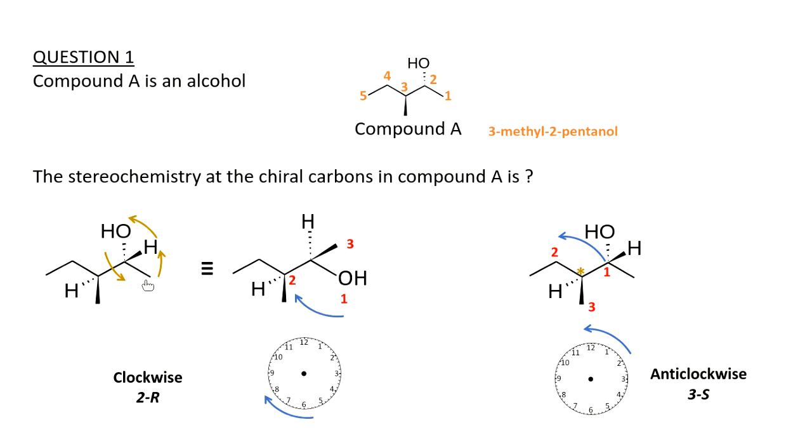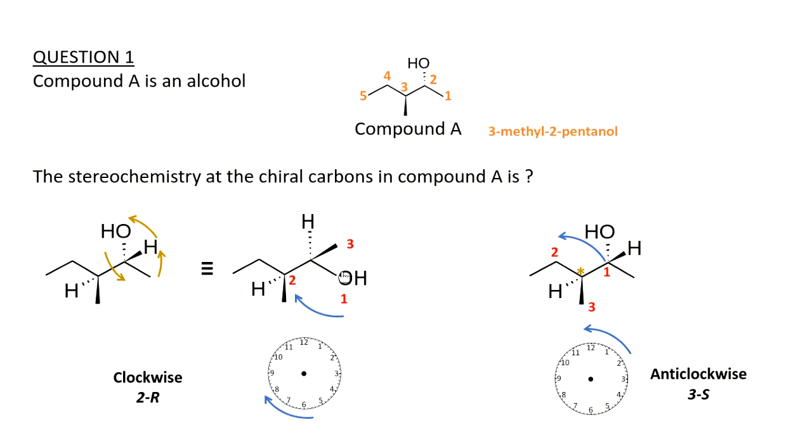In doing that, the hydrogen is now in the correct position for the Cahn-Ingold-Prelog rule. And so you can now prioritize the different atoms attached based on atomic number. The oxygen has a higher number than carbons, so that's priority 1.